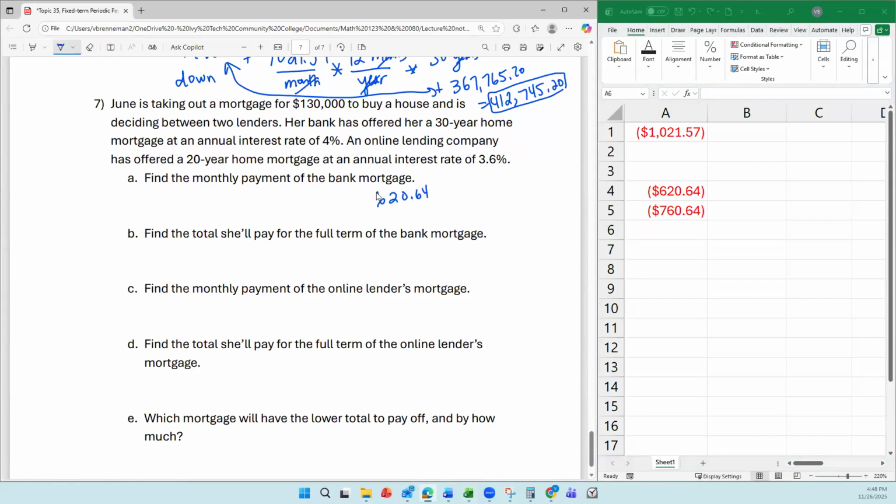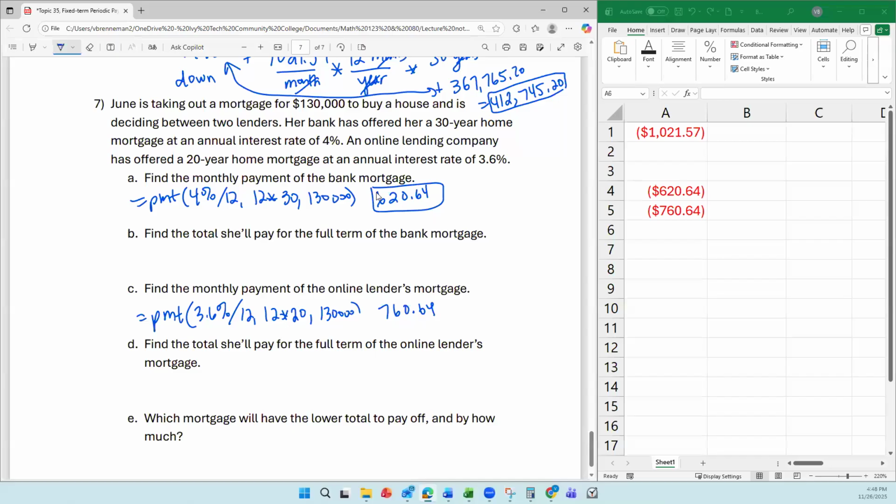All right. Well, again, I'm going to have Excel do the work for me here.